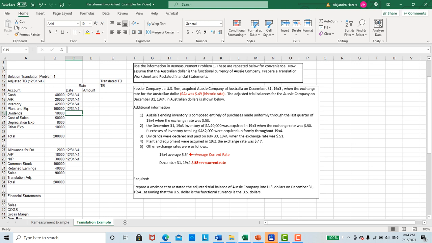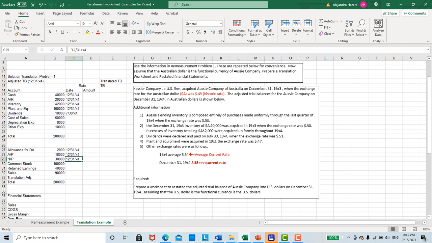So we're going to use the rate at 7/30/X4, because in a sense, that's the historic rate when the dividends were paid.